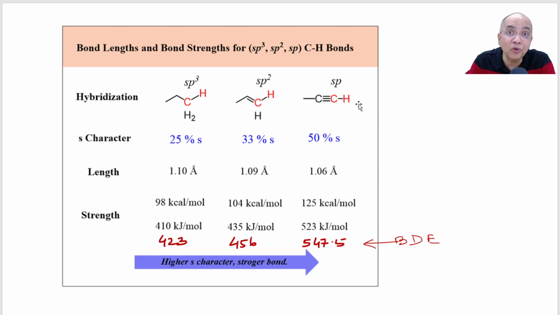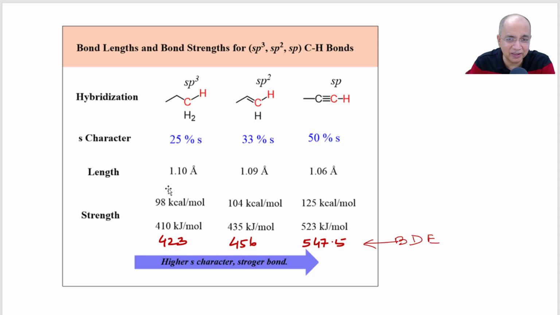And stronger is the bond, let me tell you in advance, of similar category, shorter is the bond. For similar category CH we're talking of, stronger is the bond, shorter is the bond. Bond length is less because the s character will reduce the distance between the two nuclei, because more is the s character, so bond length will be the least.